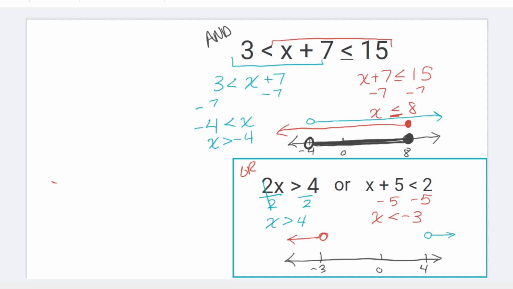So when I go to choose what my solution should look like on my number line, it has to work for the blue or for the red. That's what makes it an OR inequality. So anywhere that I see blue or red gets shaded. So here on the left, where that red is, that counts as blue or red.